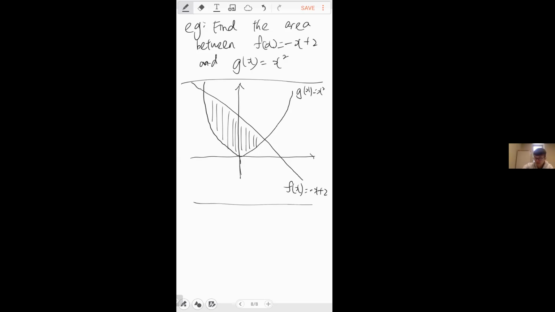So you look at the intersection points. So I want to find out what is this point and what is this point. So how do I find intersection points again?